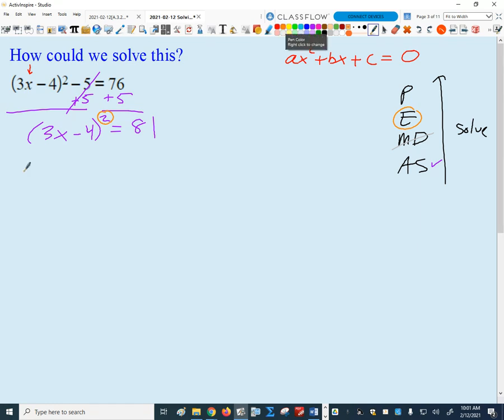So I'm going to take the square root of the quantity 3x minus 4 squared equals the square root of 81. And the whole point of doing that, right, is so we could cancel that squared. So what do we end up with for our answer?